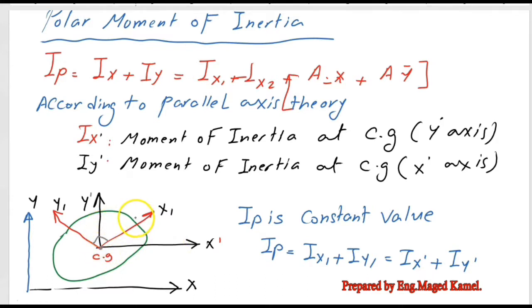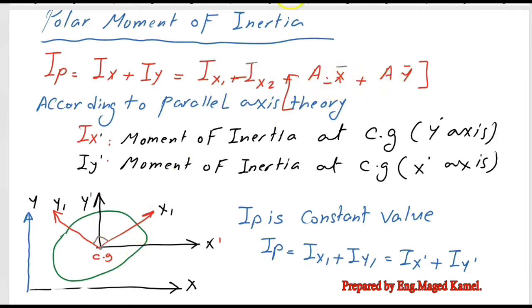Ix dash, y dash, the moment of inertia about the CG, equals Ix1 plus Ix2. While if we estimate for Ixy, I polar equals Ix plus Iy, which means again we write Ix1 plus A multiplied by x bar, plus Ix2 plus A multiplied by y bar.